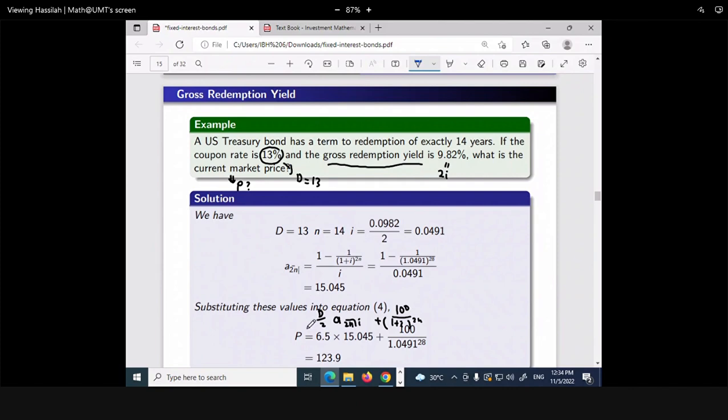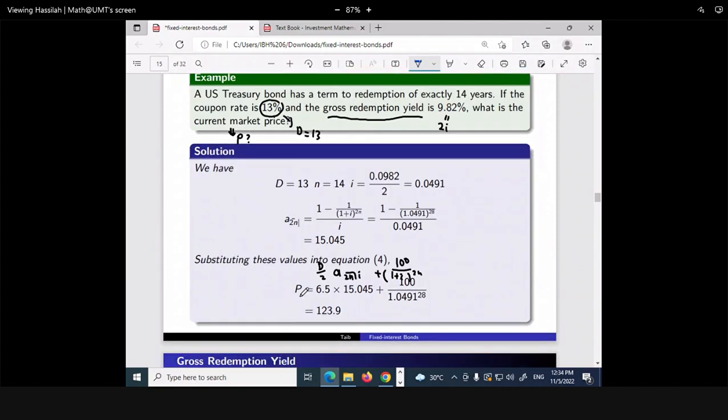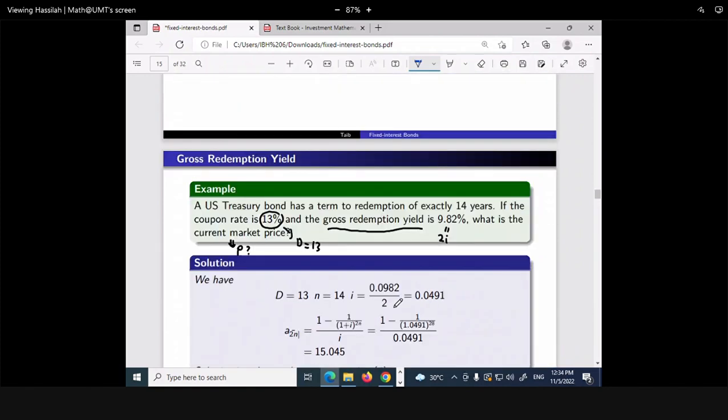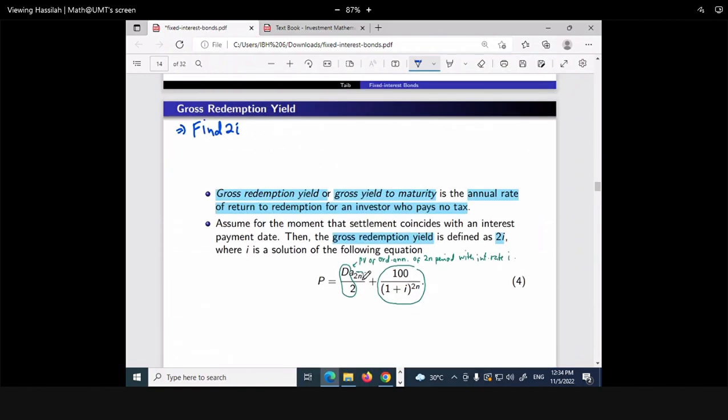Okay, so contoh ni dia tunjukkan macam mana you nak cari current market price. So current market price adalah P. So knowing others, you dapatlah apa itu P. Dalam kita punya kursus ni, dia banyak juga algebra. Kalau soalan-soalan, dia bukan simply macam soalan tadi tu, dia tanya gross redemption yield kan.